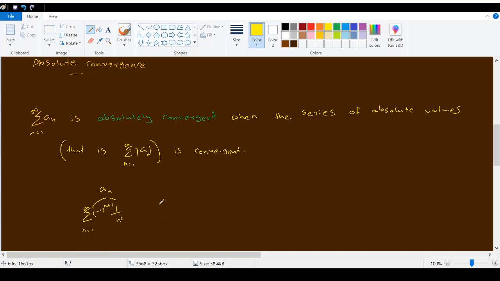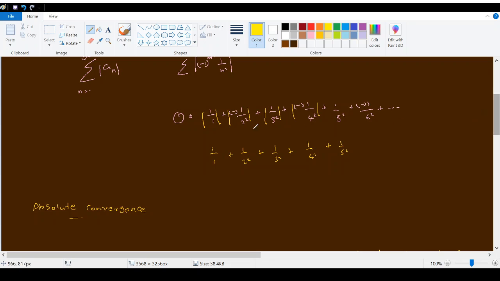And the absolute value of an is equal to just 1 over n squared, because when you are taking the absolute values, the negative coefficient will vanish, so all the terms will be positive.